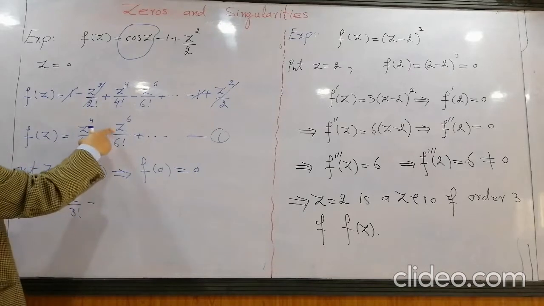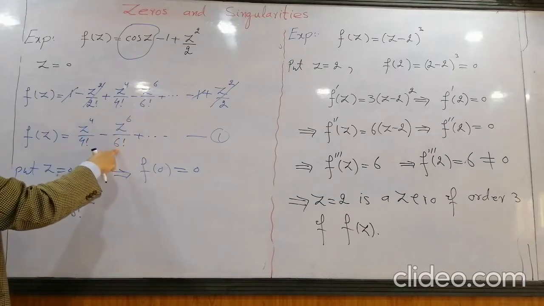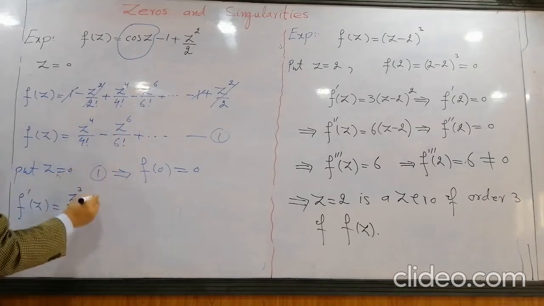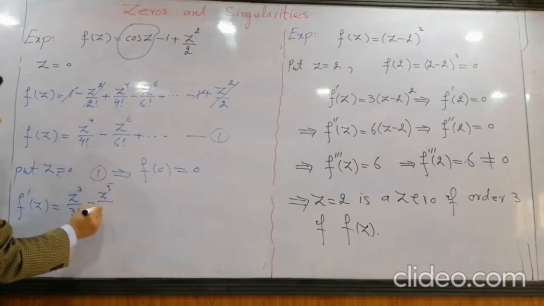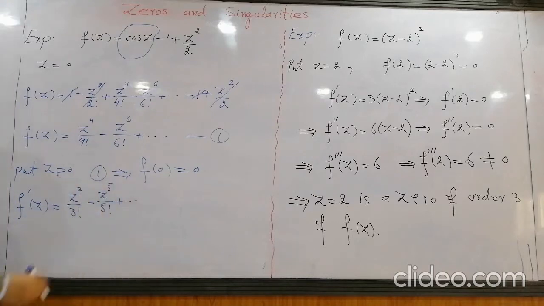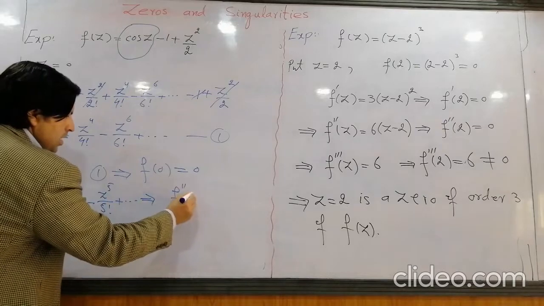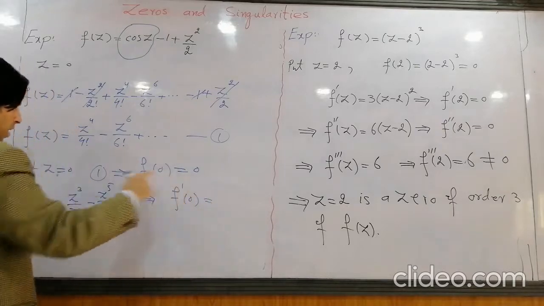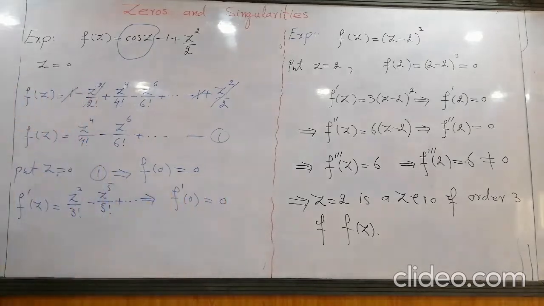Similarly from here I can get 6z power 5 divided by, I can write this 6 into 5 factorial. So this should be equal to z power 5 divided by 5 factorial and plus up to so on. And now if I put z is equal to 0 in f dash of z, then this is 0 and this is 0, so the answer is 0.